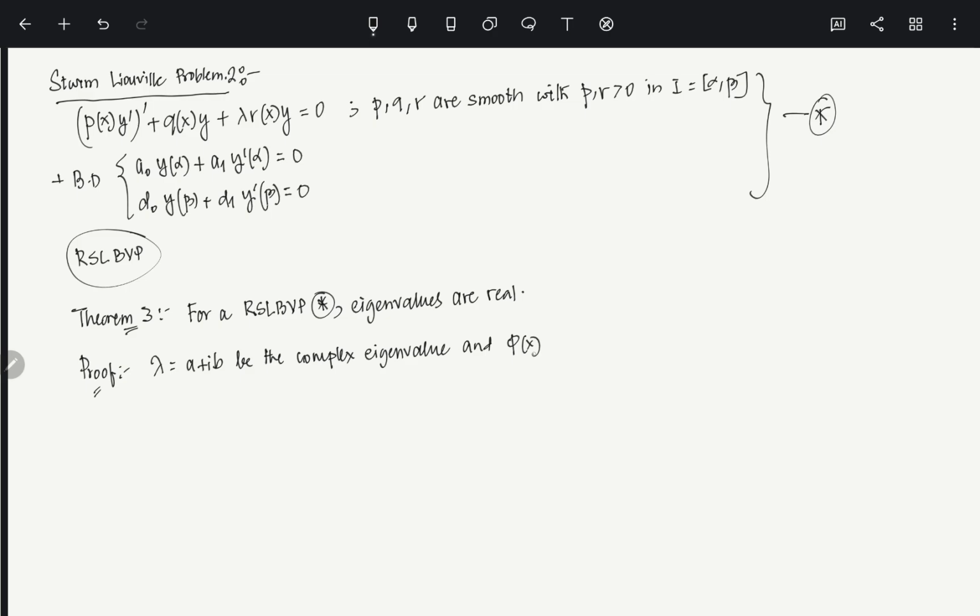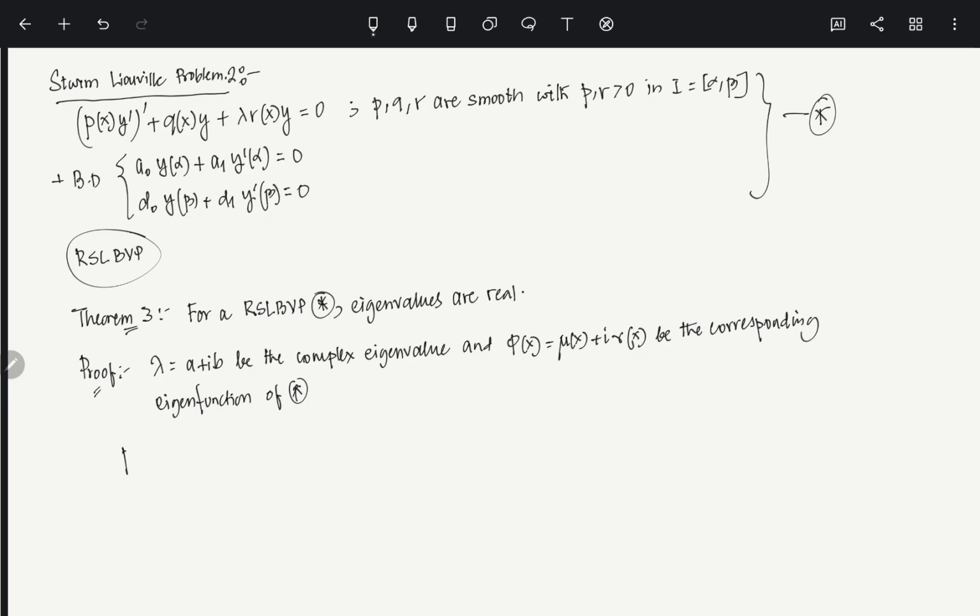Let's call it φ of x, and it is some function μ(x) plus iγ(x), the corresponding eigenfunction of star. Then this λ and that φ are going to satisfy the equation.